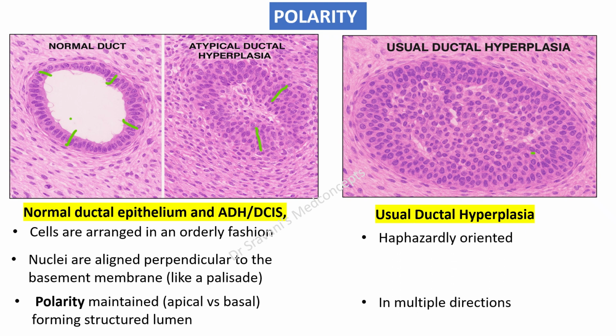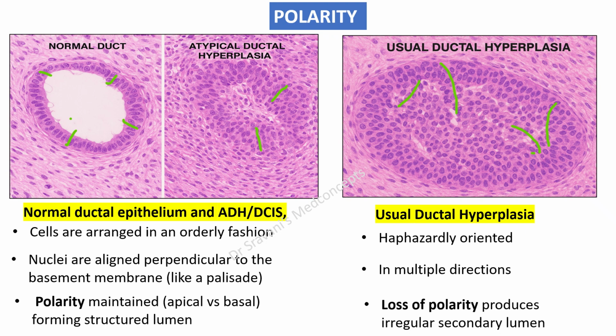So they are haphazardly oriented and arranged in multiple directions like this, irregularly going in different directions, and because of which there is loss of polarity, producing irregular secondary lumen. So polarity is maintained in normal ductal epithelium, ADH and DCIS, whereas polarity is lost in usual ductal hyperplasia. So you should remember, usual ductal hyperplasia shows loss of polarity.